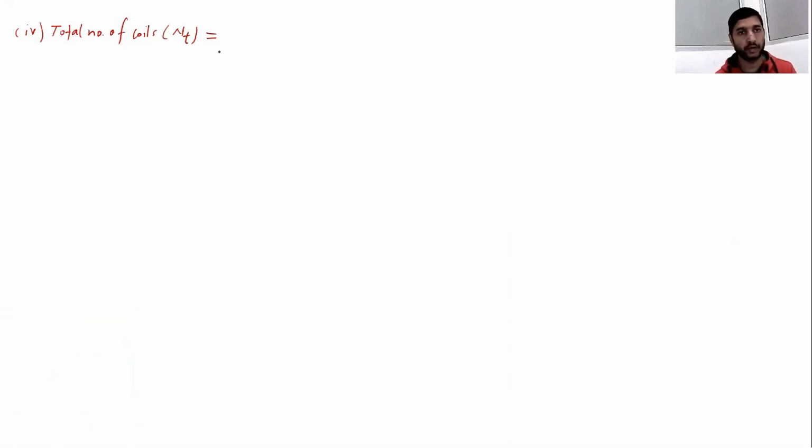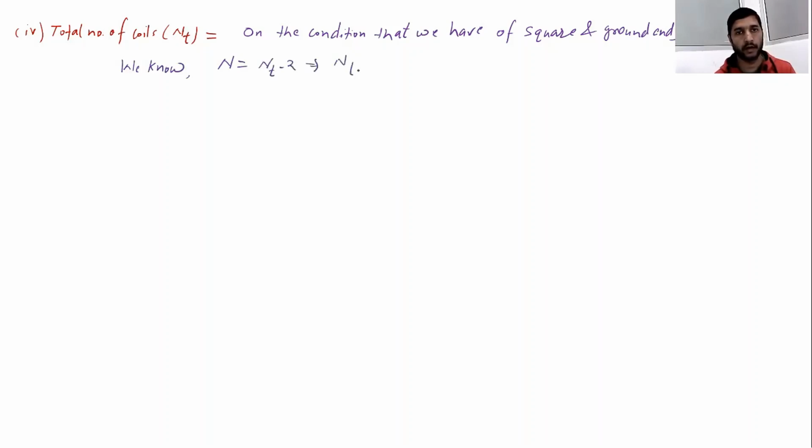And as we know, based upon the condition that we have of square and ground ends, we know n is equal to nt minus 2, and from here nt will be equal to n plus 2.